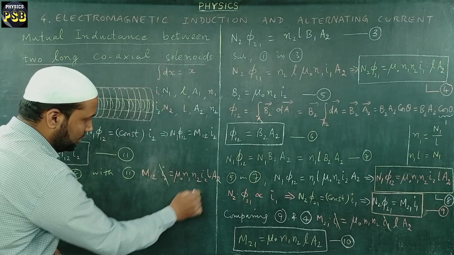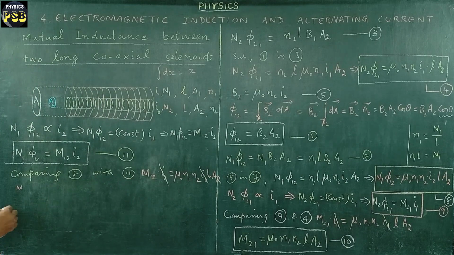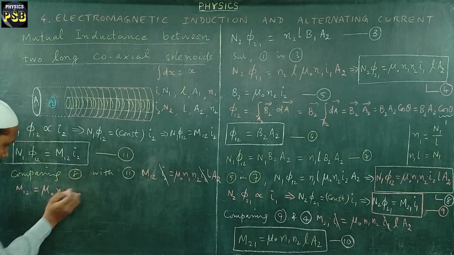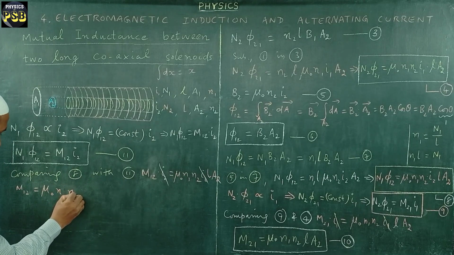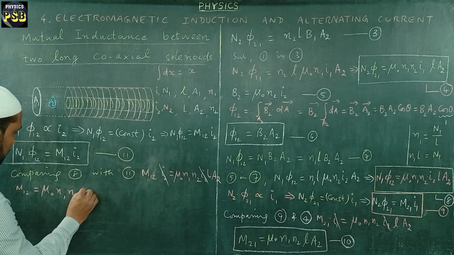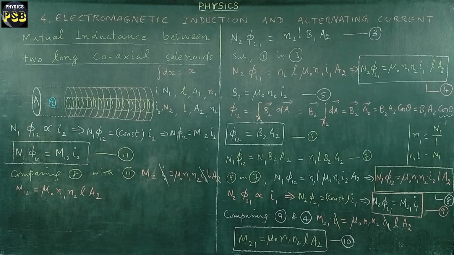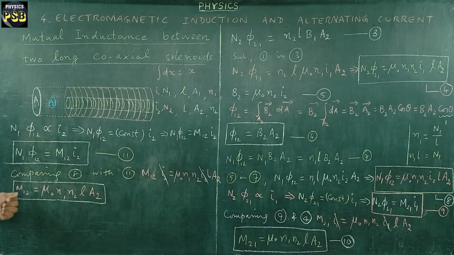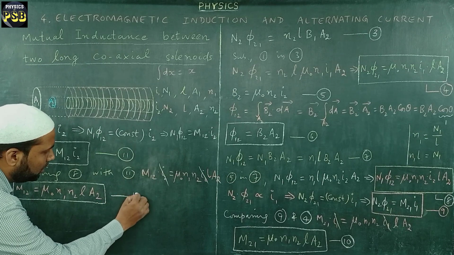There are I2, this I2 and this I2 get cancelled. What I obtain is M12 found to be equal to mu naught N1 N2 A2 upon L. I box this for better visibility. This is the value of mutual inductance of solenoid 1 with respect to solenoid 2. I name this one as equation number 12.